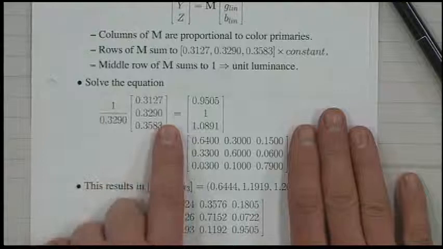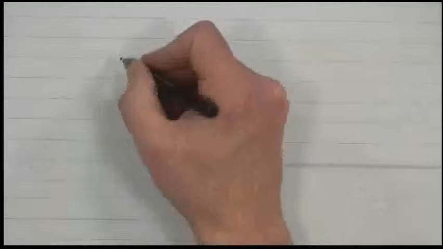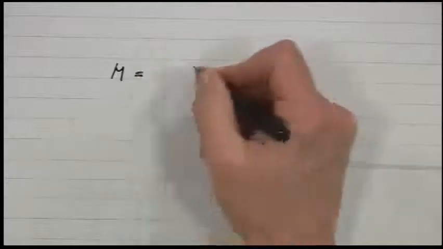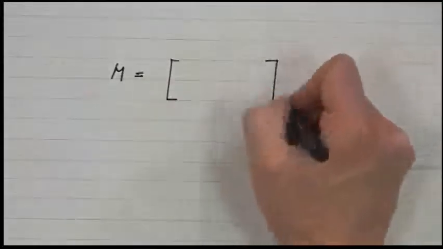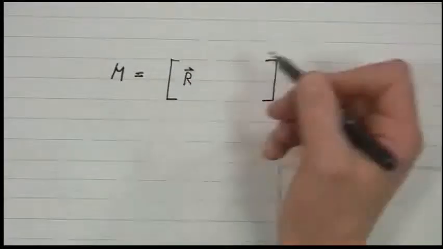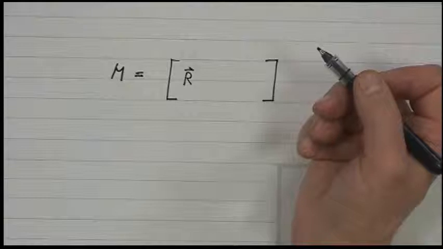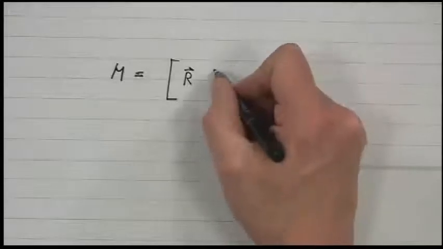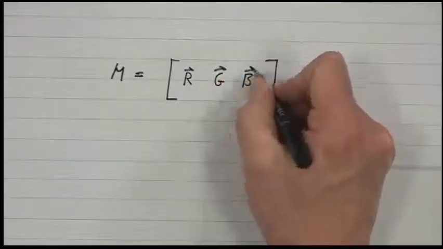So basically, you can think of it this way: M is equal to a matrix here, okay, and the columns of this matrix are the chromaticity of the R color primary, and then G, and then B color primary.